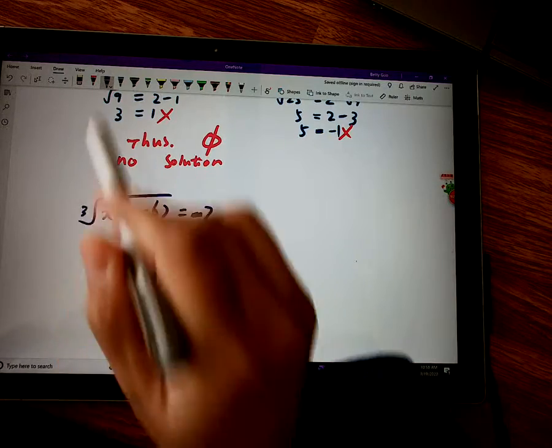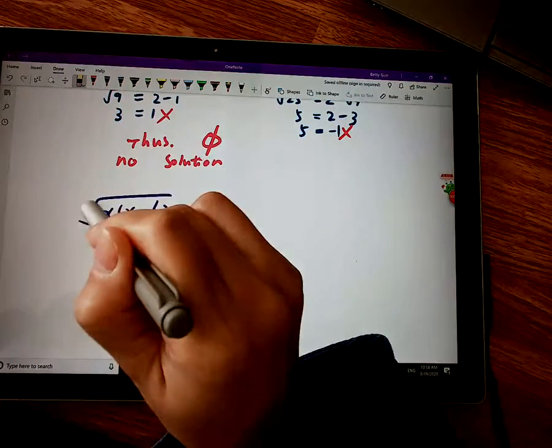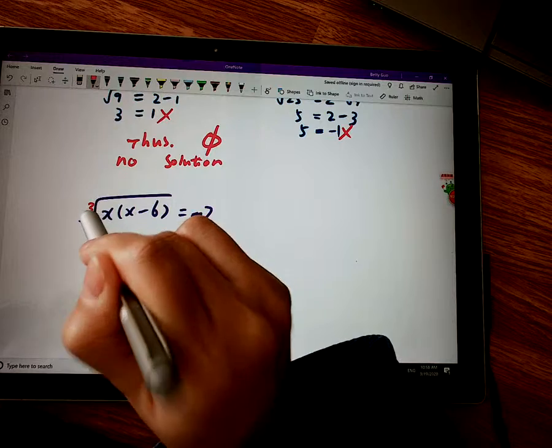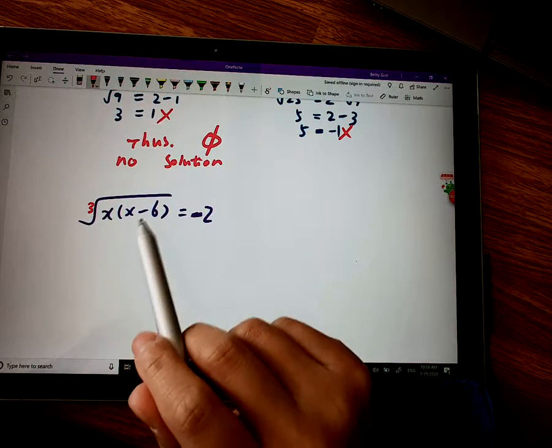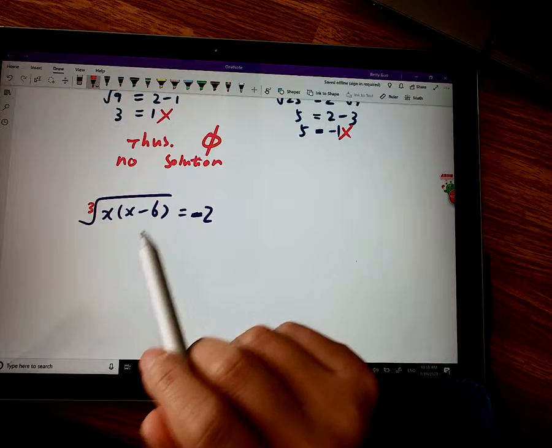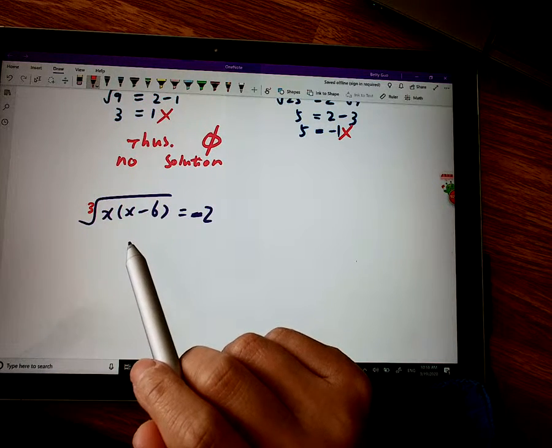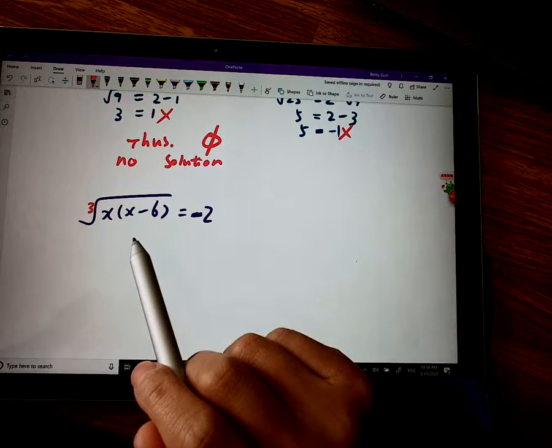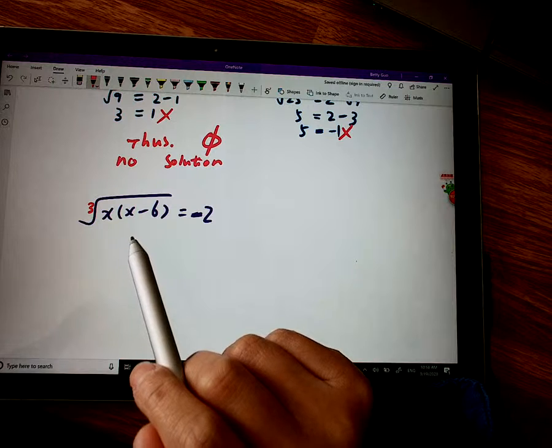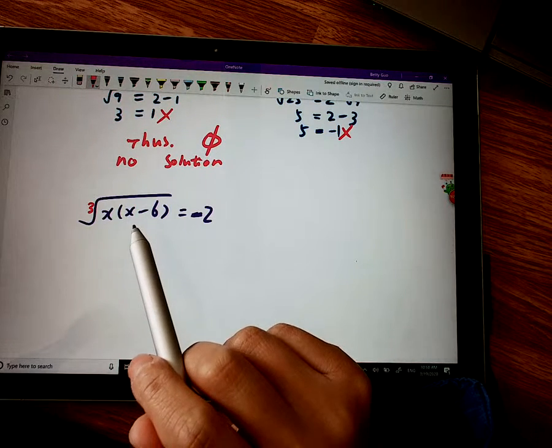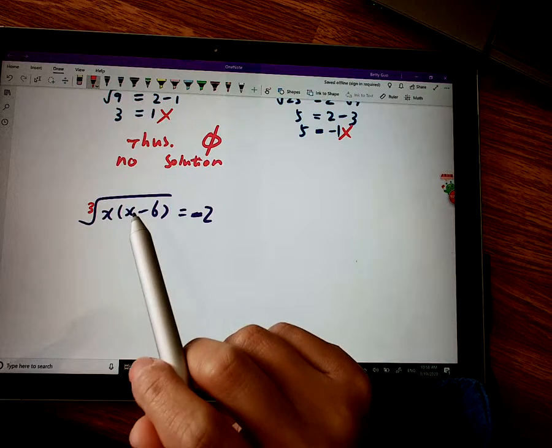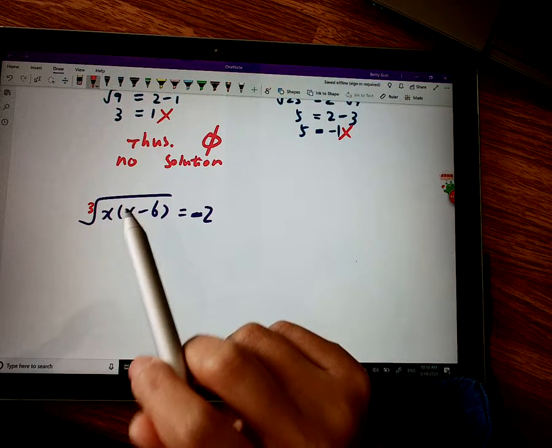Suppose the root number of the radical is 3. 3 is odd. Technically, you don't have to check. For the equations we work on, the radical is always a square root, so it's an even number.